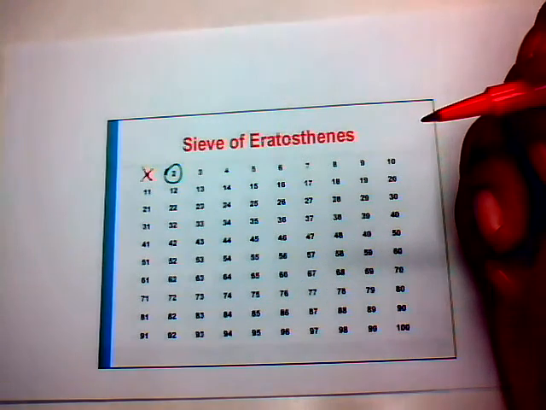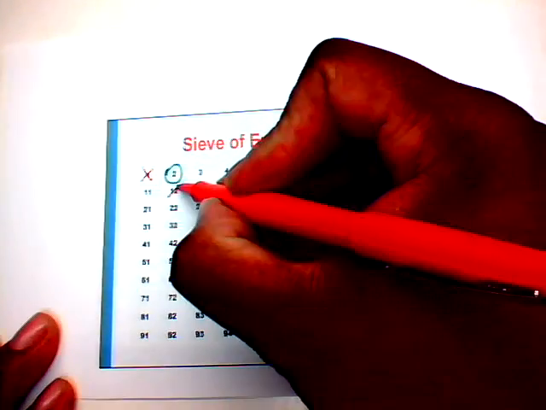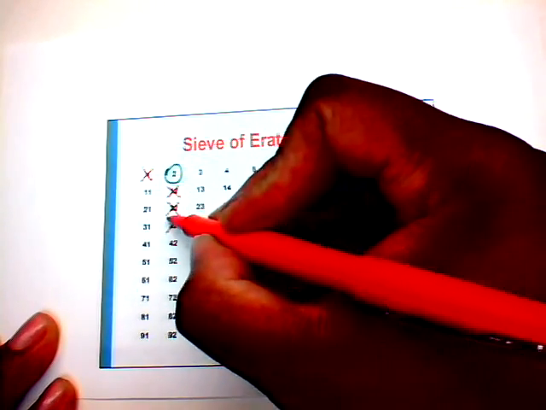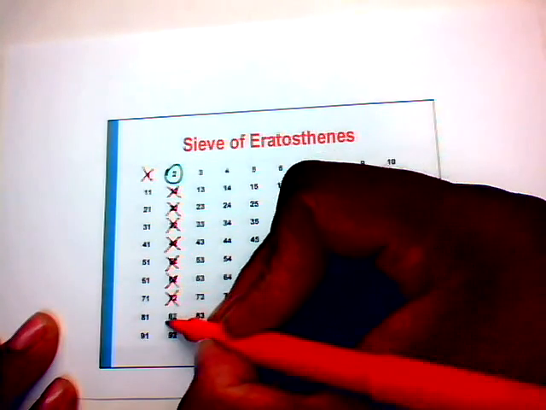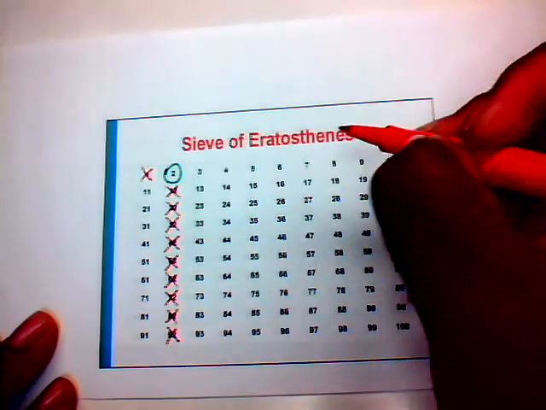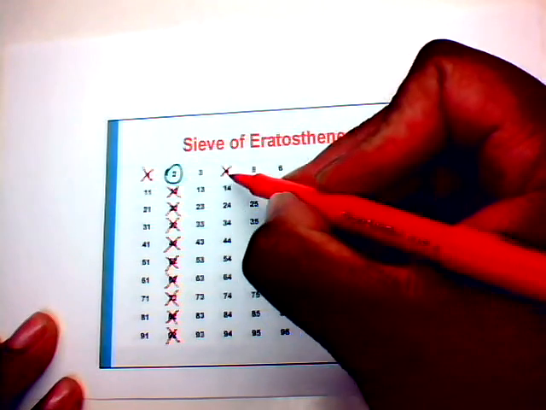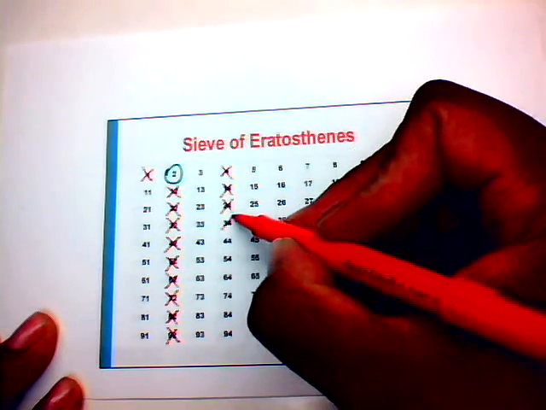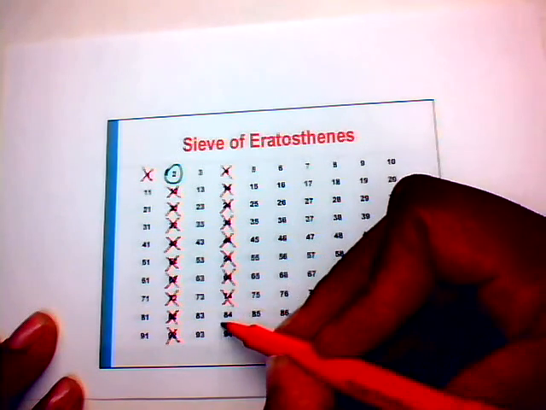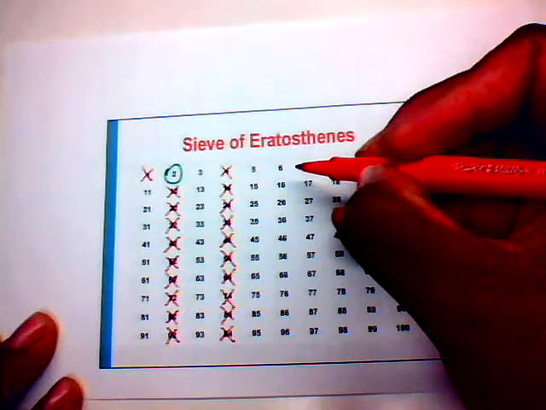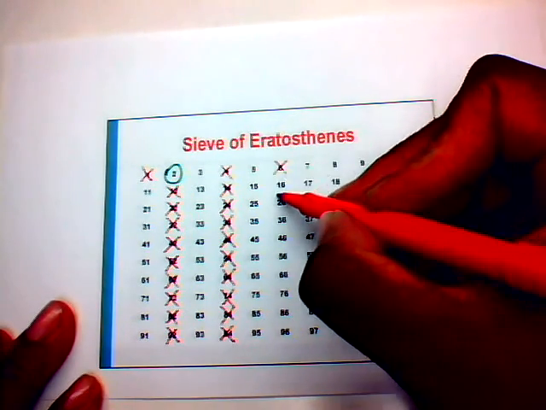Anything divisible by 2 must end in a 2, a 4, 6, 8, or 0. So this column, the last digit is a 2, meaning it's divisible by 2, so we cross out this column. Anything ending in 4 is divisible by 2 as well, so we cross out that column. All numbers that end in 6, that's this column right here, are divisible by 2. Cross that out.